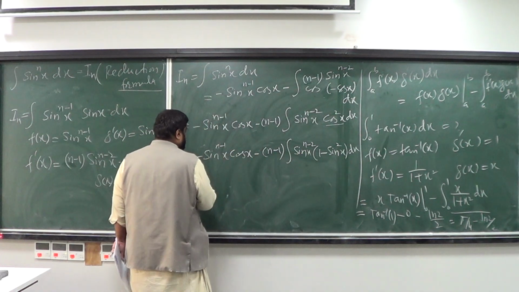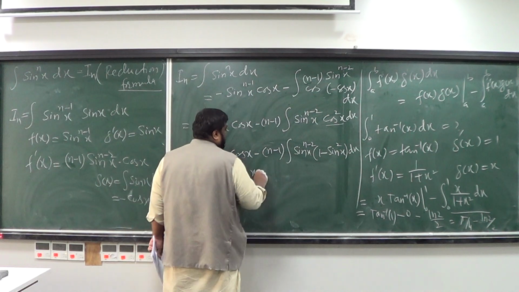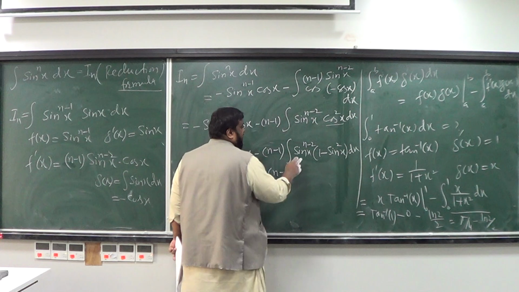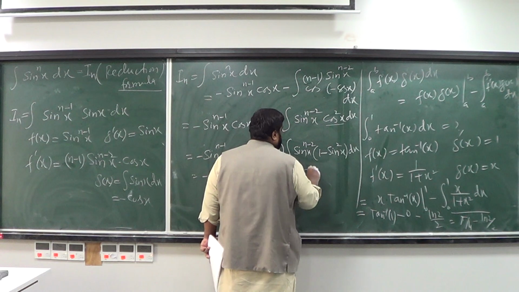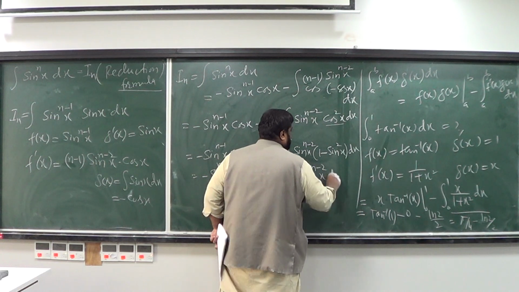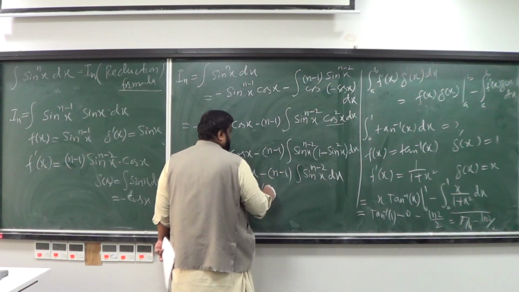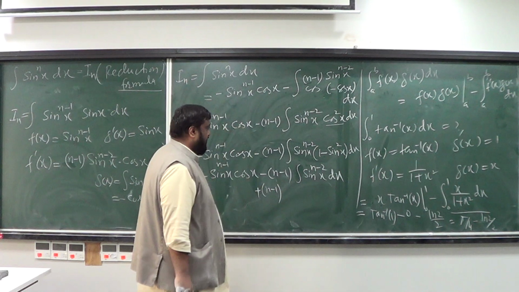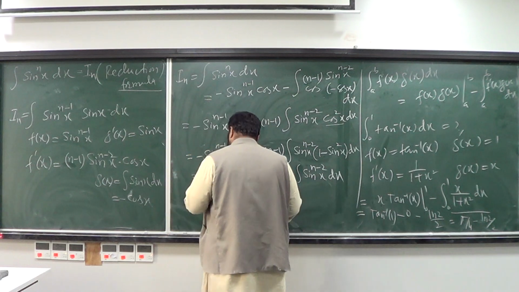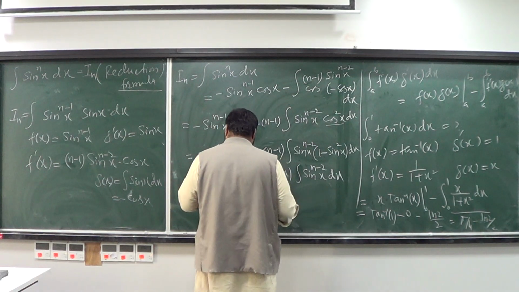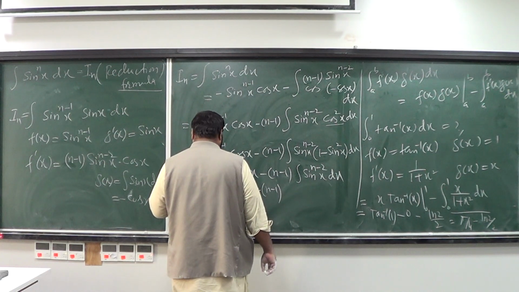So if you simplify this a bit more, sine^(n-1) x cosine x, and if you multiply this, the integral of sine^(n-2) x dx, this will become minus plus (n minus 1), since cosine square is 1 minus sine square.